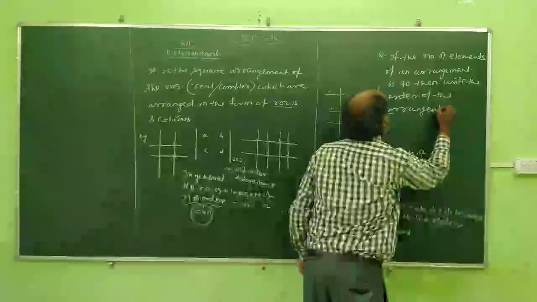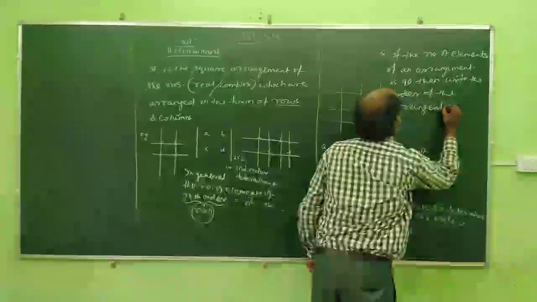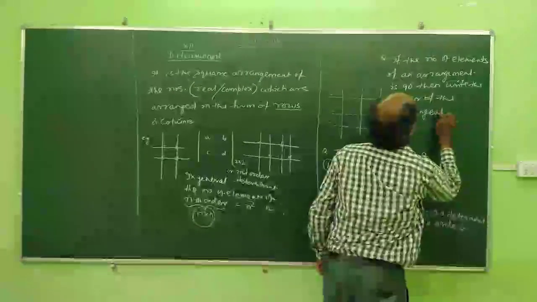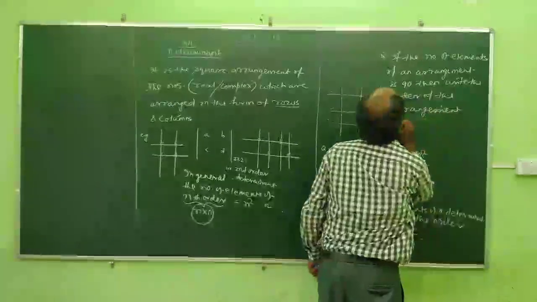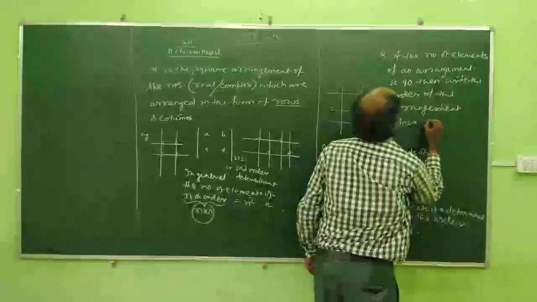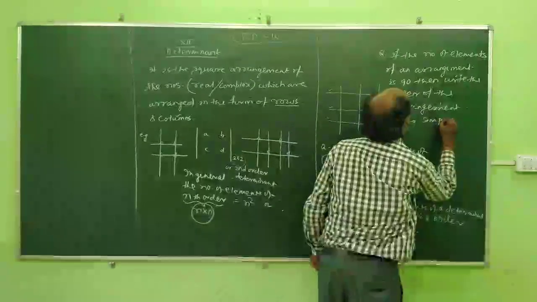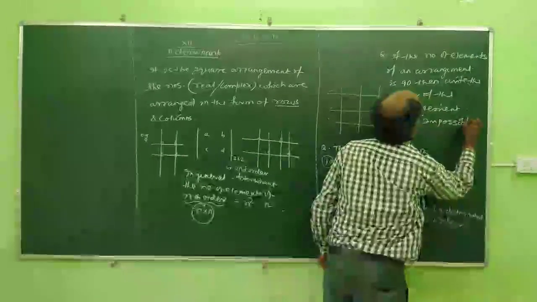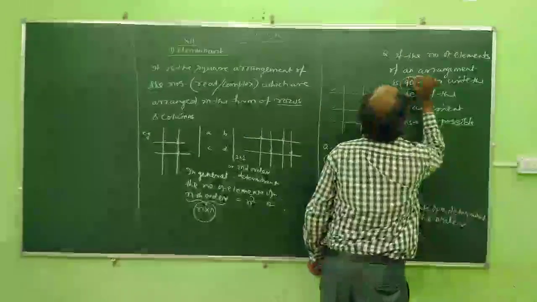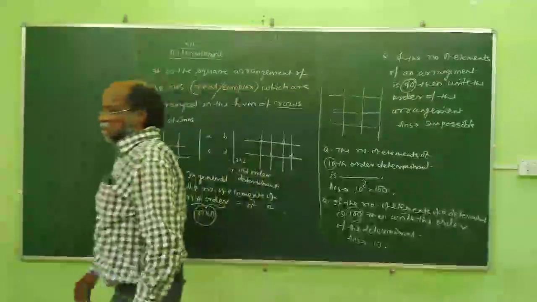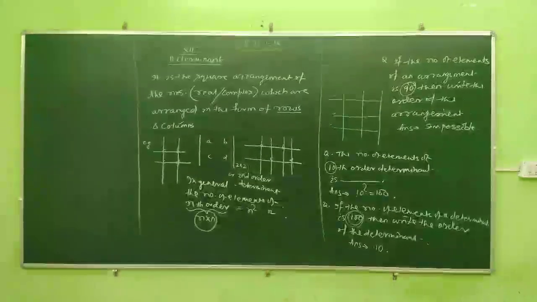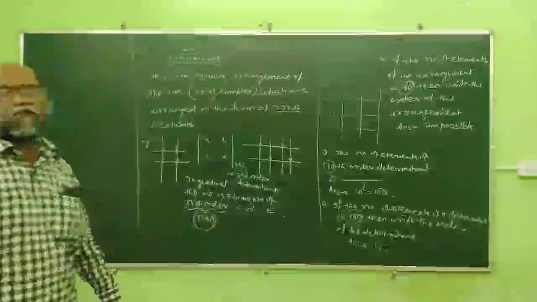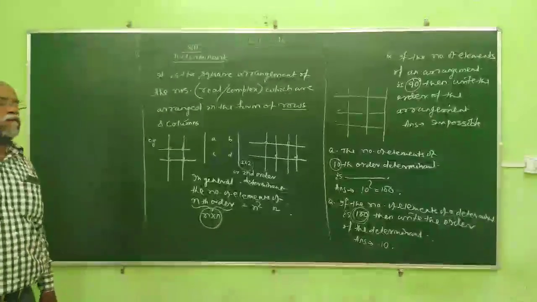This is not given in any book. I am sure. Impossible. ये पॉसिबल नहीं होगा, क्यों? ये किसी का भी स्क्वायर नहीं है. 90 is not a perfect square, so they cannot be. Those cannot be taken as elements of determinant. Am I clear?